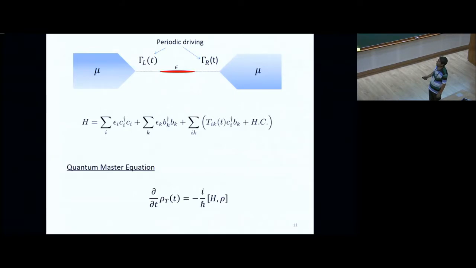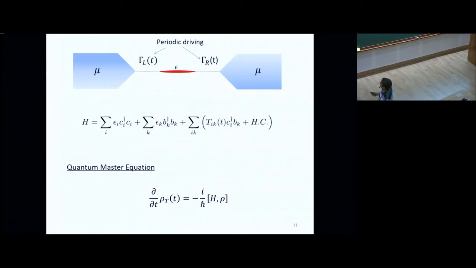So this is the model. I vary the left and right couplings with some time dependence, periodic driving. And this is the Hamiltonian. So you just set up the master equation for this system. There are some technical problems, because the master equation is valid only for small coupling, and then you change the coupling.